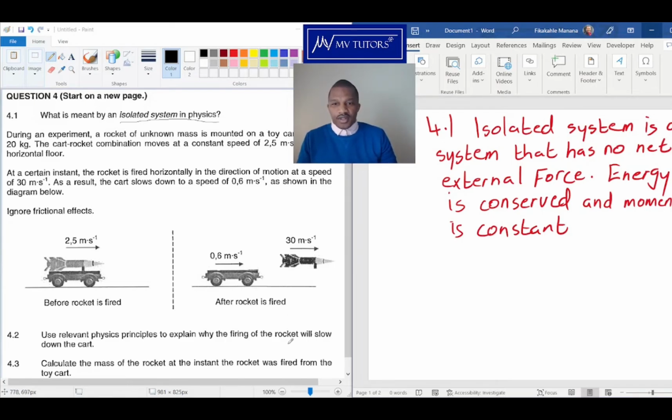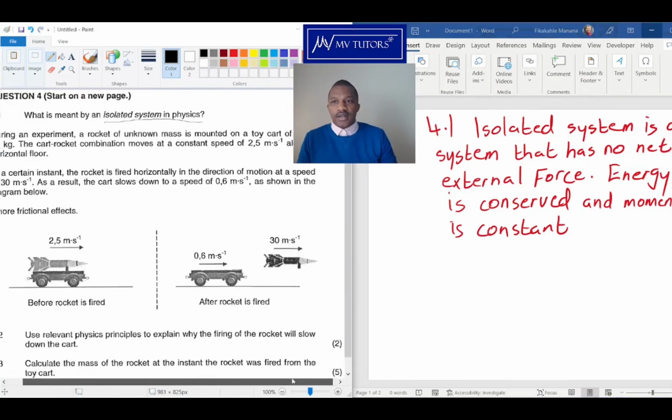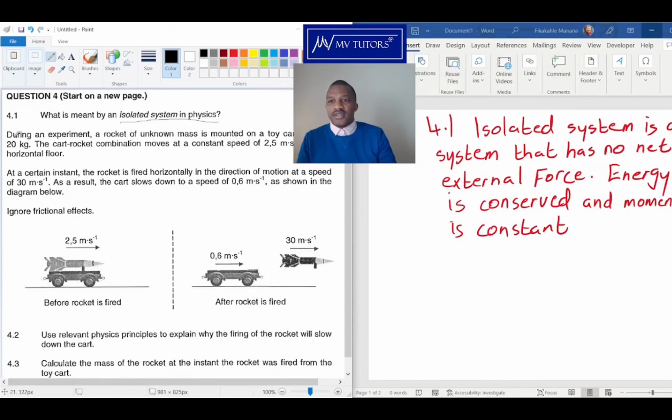Okay, now let's read this. During an experiment, a rocket of unknown mass is mounted on a toy cart of mass 20 kg.